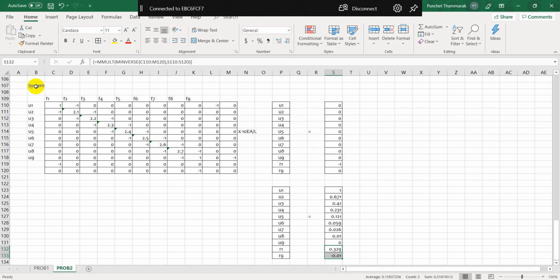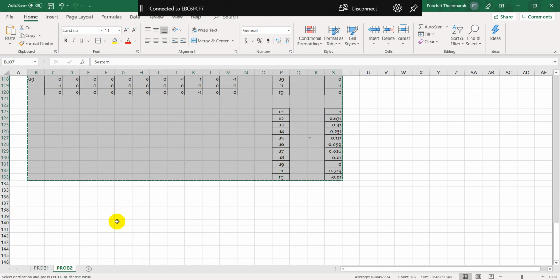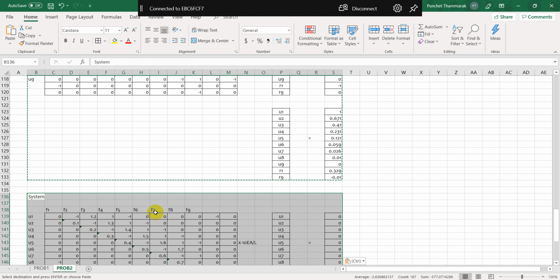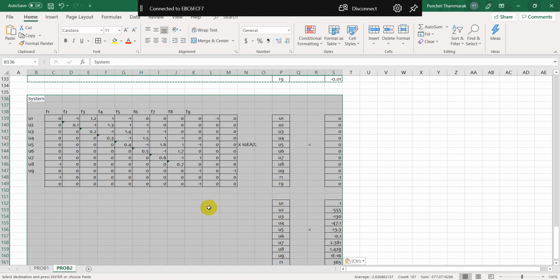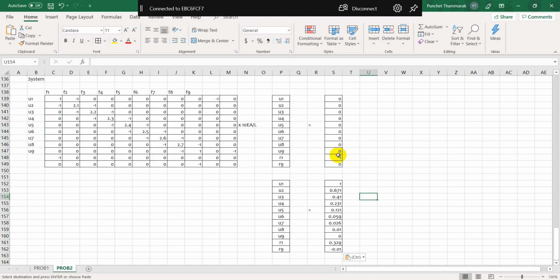Now I just copy this whole thing again and paste here. I guess it doesn't change. Oh well, I think I got to keep the value and number formatting, values and source formatting. Okay. All right.